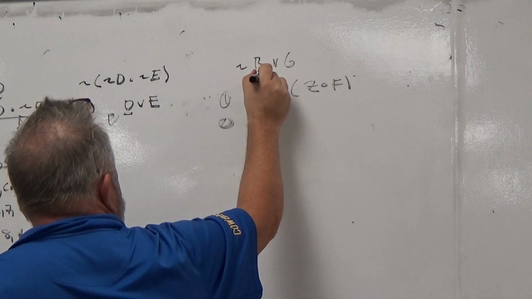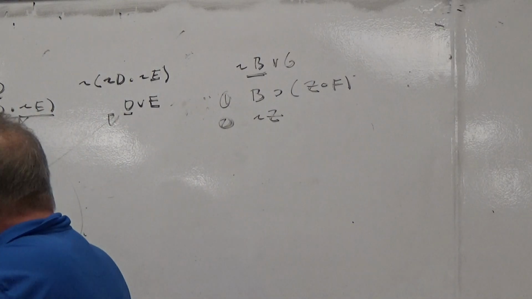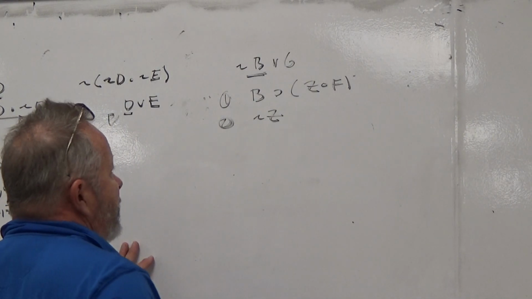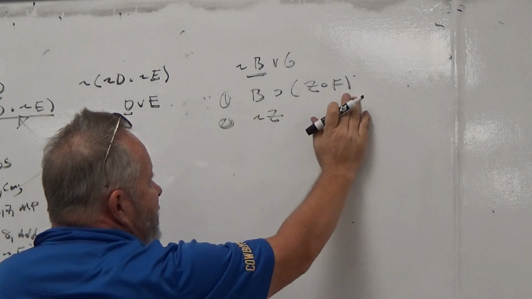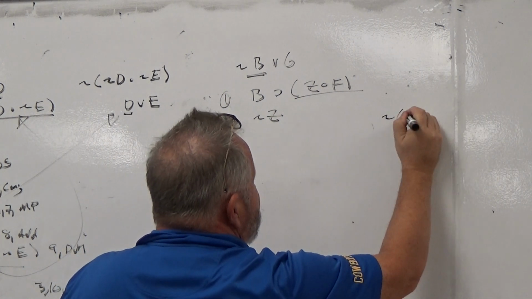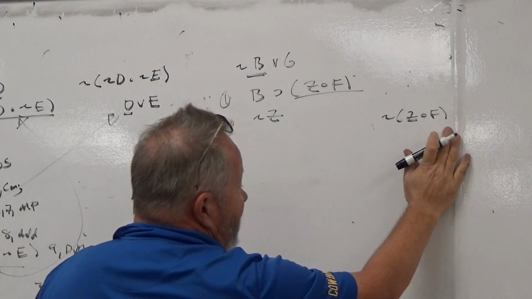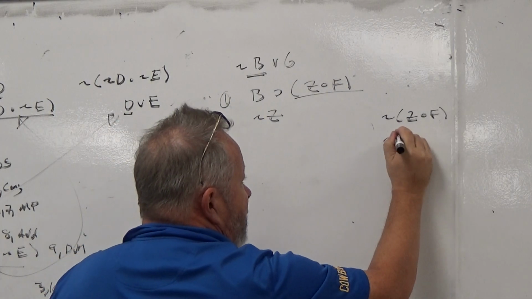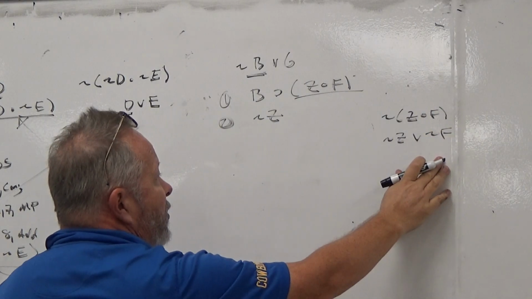We just have to get to a not B, and we'll add the or G. The only way I can get a not B is from 1 by modus tollens, and what that means is I'm going to need a not Z and F. And not Z and F is the same as not Z or not F by De Morgan's.